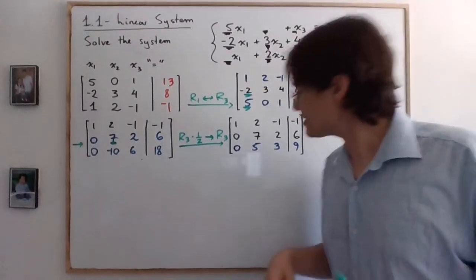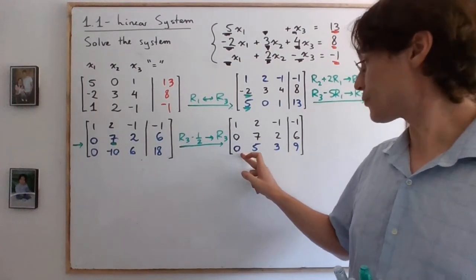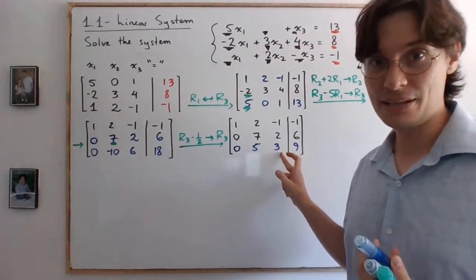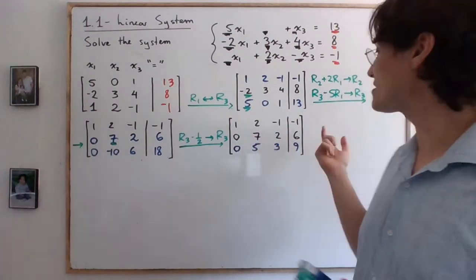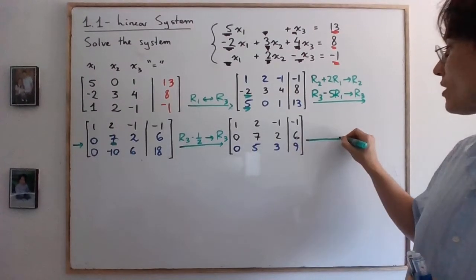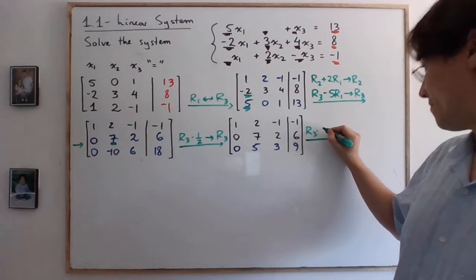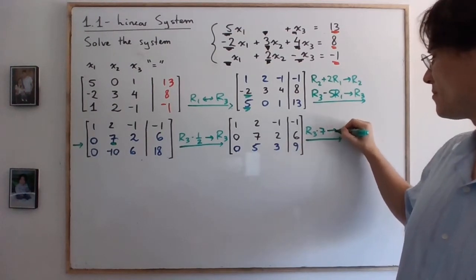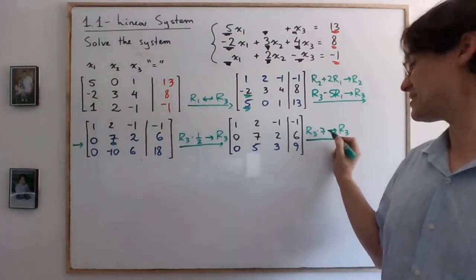So one of your options here, remember, is to scale the row up by 7 and then subtract 5 times the second row. So let's perform the operation that will scale up the third row by 7 first. In other words, we're multiplying row 3 by 7.